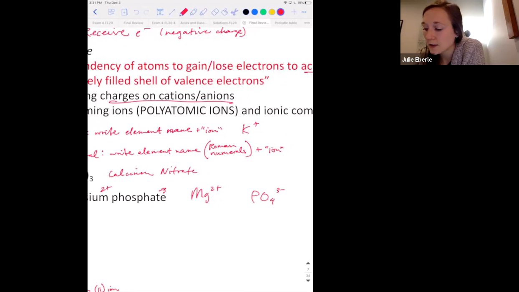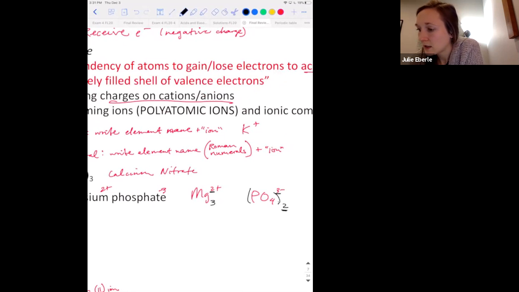We have Mg 2+. We have PO4 3-. Remember the switch trick? The value of the charge on the cation is the number of anions that you need. And then the value of the charge on the anion is the number of cations that you need.